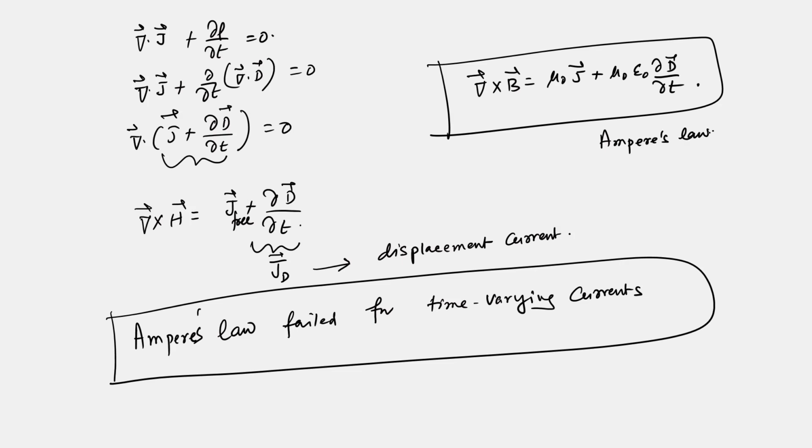This is written in terms of B, and this allows us to write down Maxwell's equations, for both vacuum and medium separately.